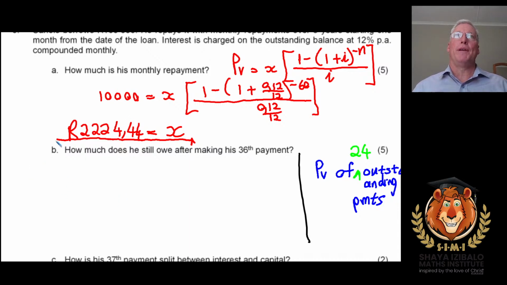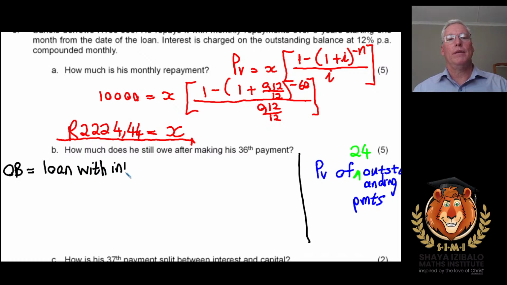A much safer method, which always works, is to say that our outstanding balance is the loan with interest minus the value of the payments that have been made, with interest.